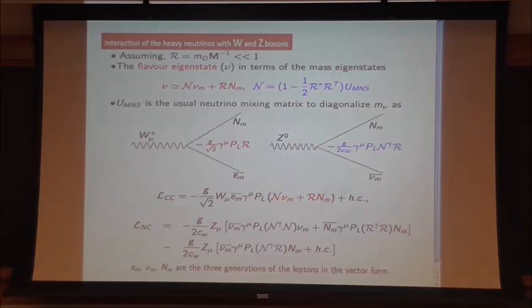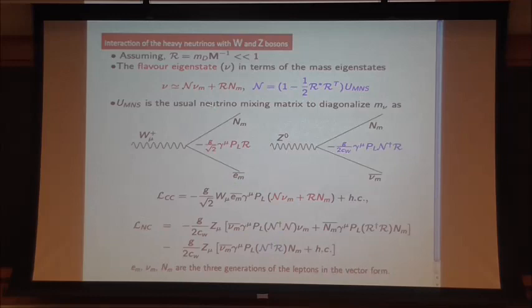This heavy neutrino can be mixed with the light neutrinos through its flavor and mass eigenstates, and it interacts with the W and Z bosons through the charged current and neutral current interactions.